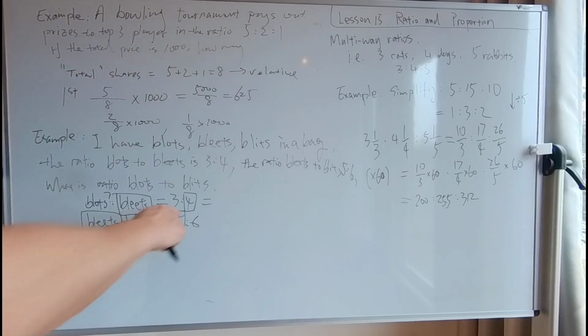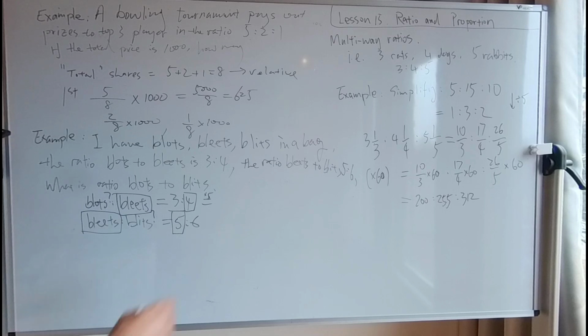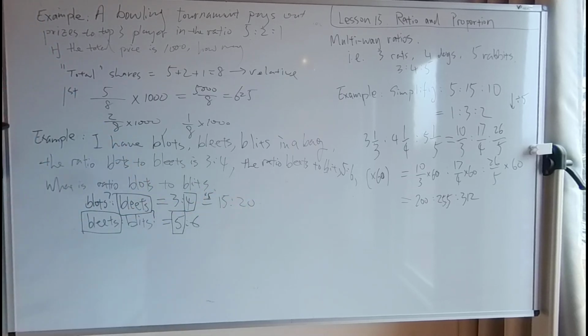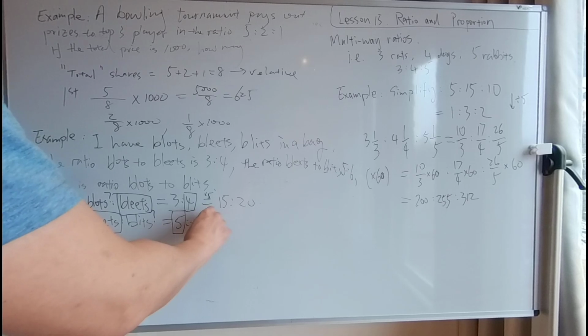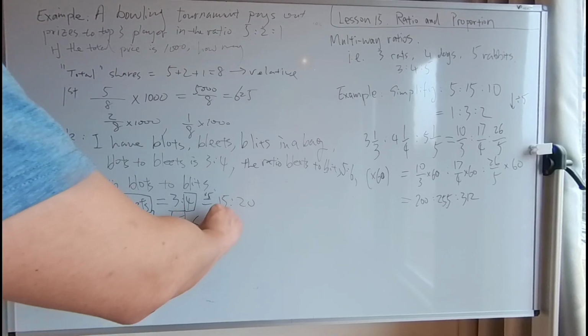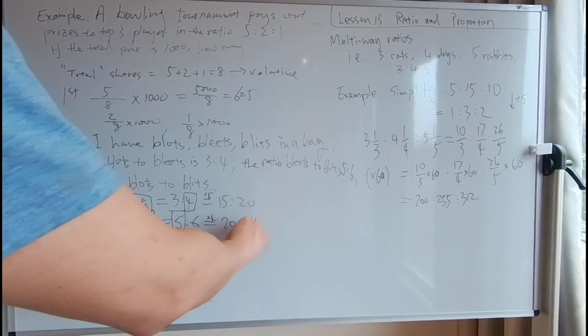For example, if I multiply this by 5 times, the ratio can be written as 15 over 20, right? In this one, if I'm increasing this by 4 times proportionally, the second ratio can be written as 20 versus 24.